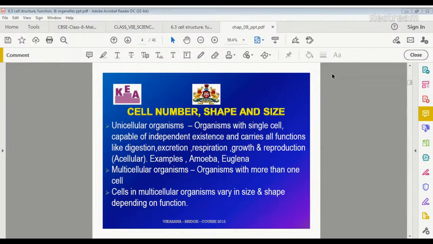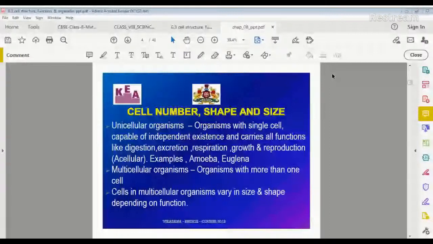Now you can see that there are also unicellular organisms. The single celled organisms are made of a single cell, and they are called unicellular. Here, uni means one, cellular means cell.